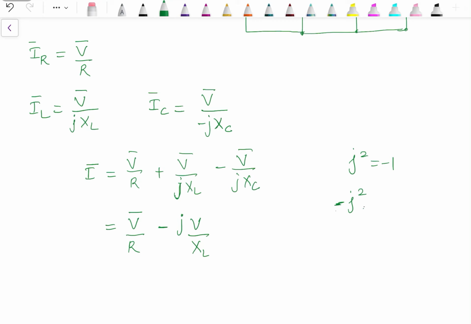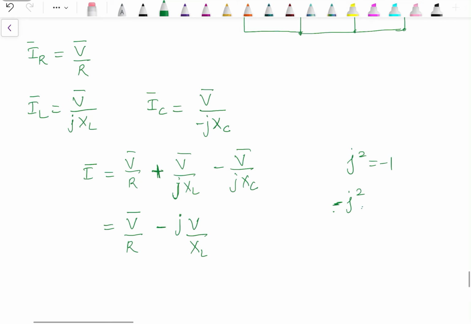So minus 1 plus 1, so that plus sign is over here. Now we can replace it by minus j square in the numerator. We have a j in the denominator, so what we are left with is minus j. Similarly, we can write this minus 1 upon j as plus j V upon XC.